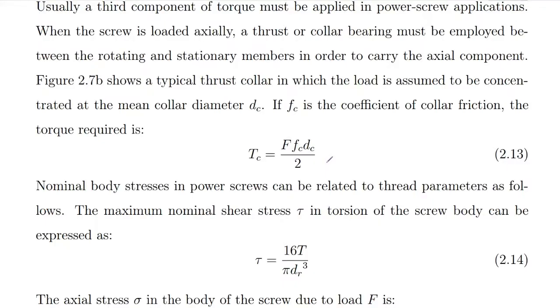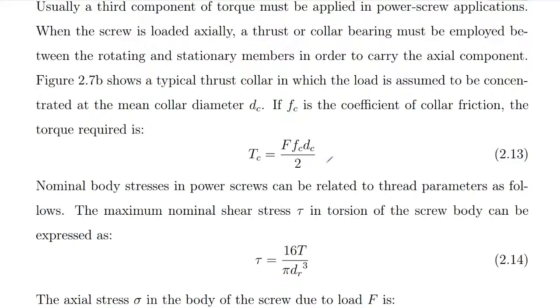Okay. Nominal body stress in a power screw can also be obtained. We may have to determine that. The maximum shear stress, tau, in torsion of the screw body can be expressed as 16T on pi dr cubed. That is the maximum shear stress tau in torsion of the screw body.